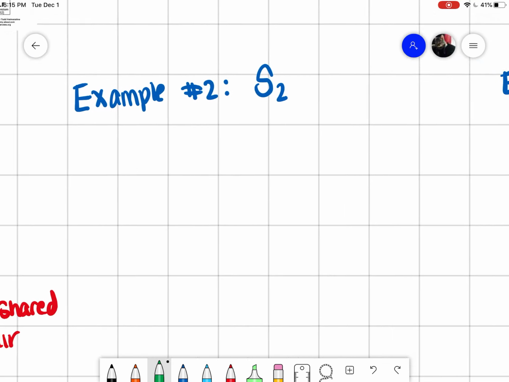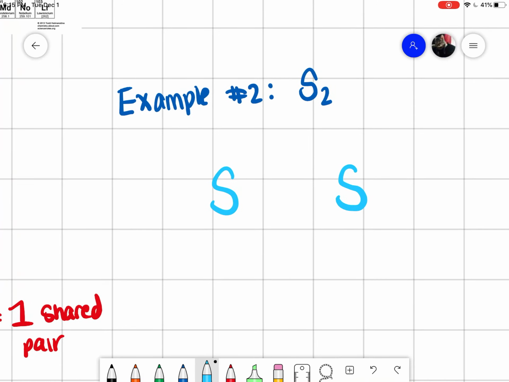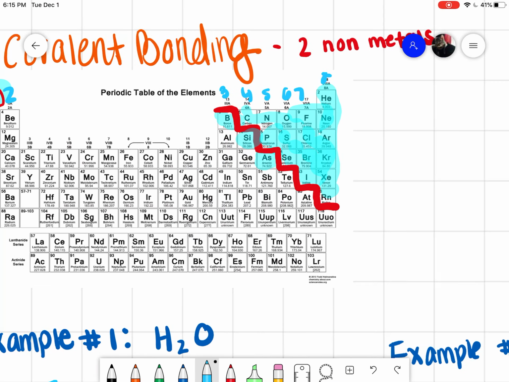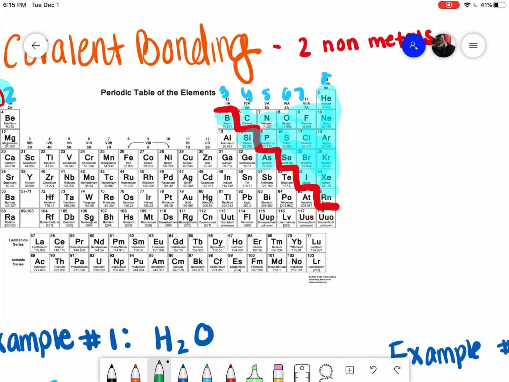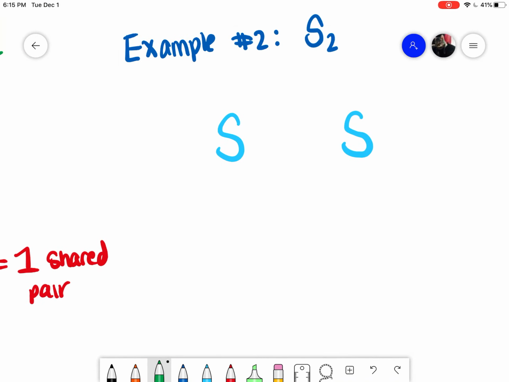Our next example is S2. So I'm going to go ahead and draw 2 S's, and then we need to know how many valence electrons they have. So if we locate S on the periodic table, that's sulfur, it's in the column with 6 valence electrons, so they're each going to have 6.